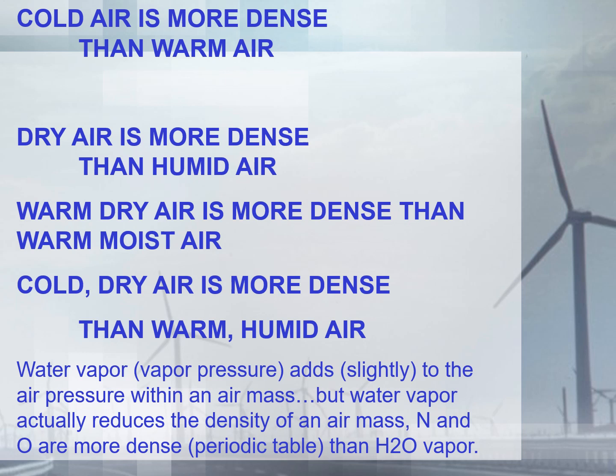Dry air doesn't have much water vapor in it, but humid air does. So if you were to go to the periodic table of elements and look at the atomic masses, atomic weights of nitrogen and oxygen, and then compare that to H2O. Remember that hydrogen is just number one on the periodic table, just one proton. Anyway, it's pretty light.